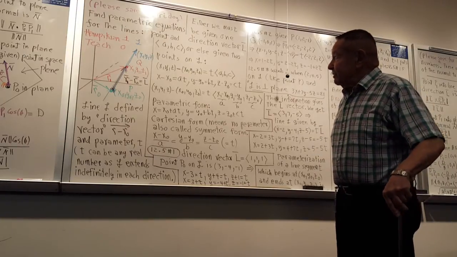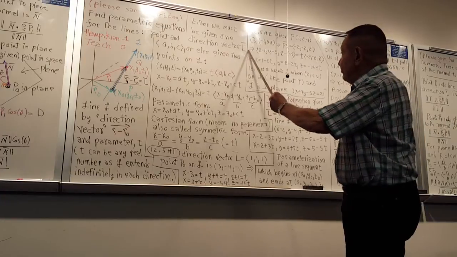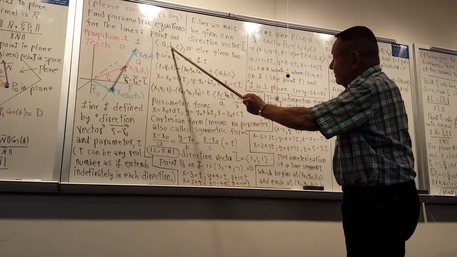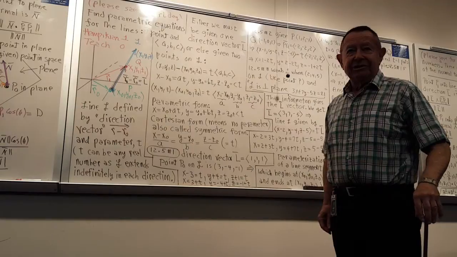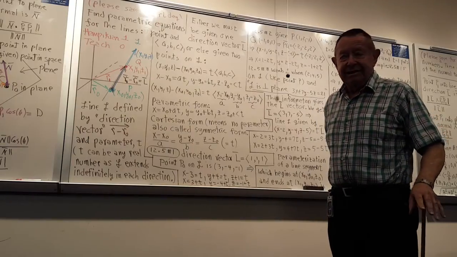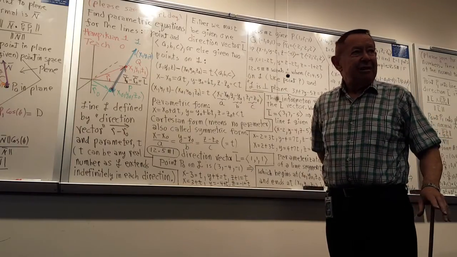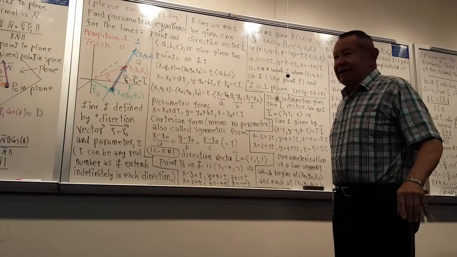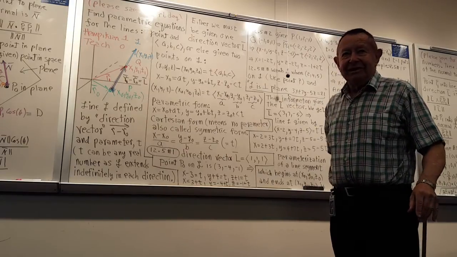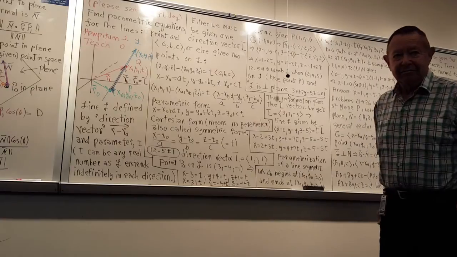The numbers, which are the components of that, a, b, and c, are called direction numbers. There isn't any great reason you have to memorize the terminology, but they do have a name. You call them the direction numbers.